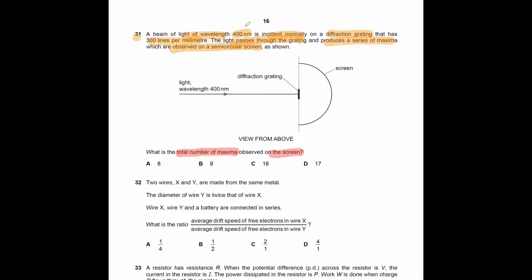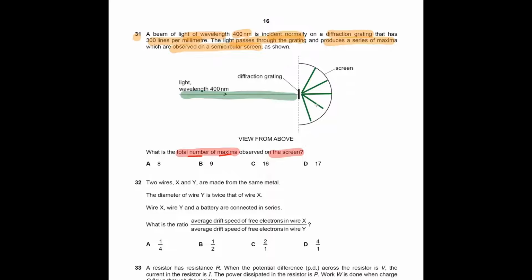So keyword here is total number of maxima, or total number of bright dots that you can observe on the screen. So here, if say this one is your light of wavelength 400 nanometer, it hits the diffraction grating, you know by now that it will just split into a few different beams like this.